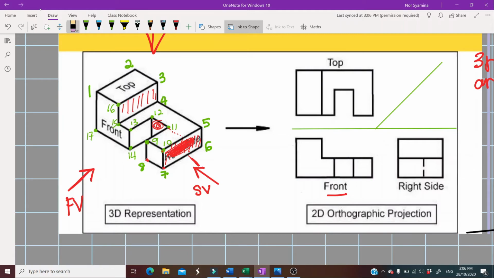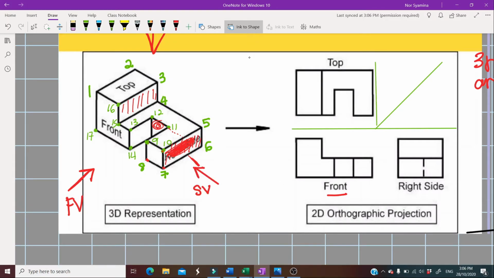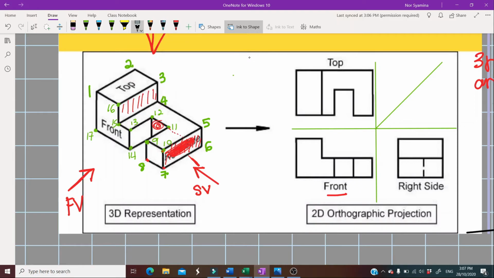What I would do is, for my line, we have it there. Okay, we're going to project. So I'm going to use a pencil and try to project. Let's try to project each and every line.